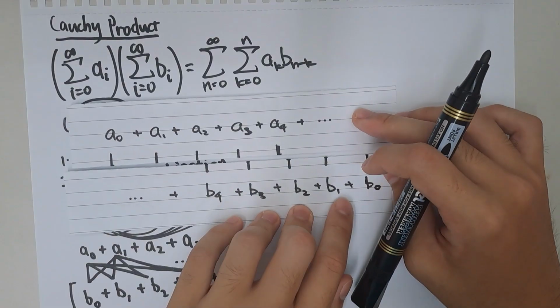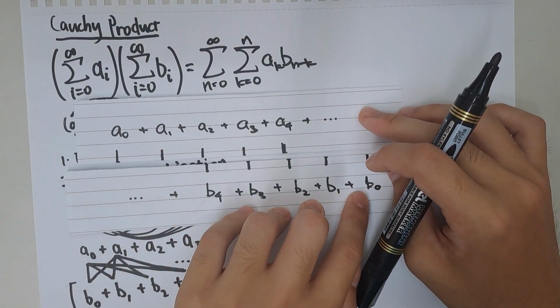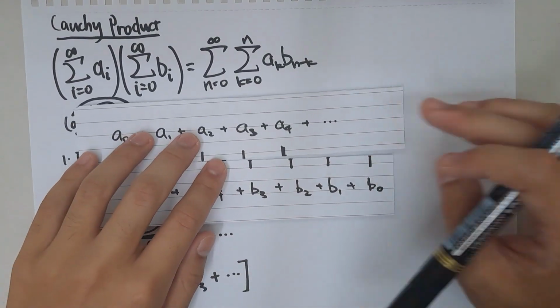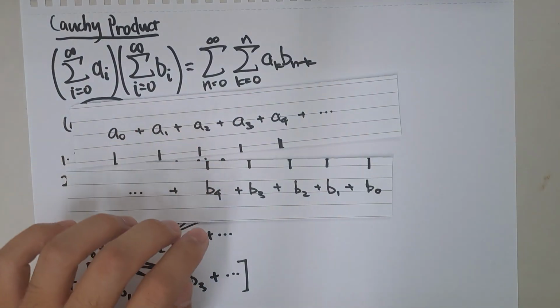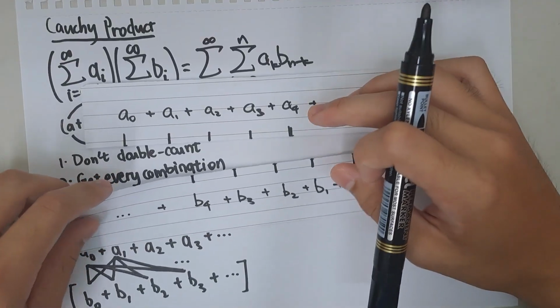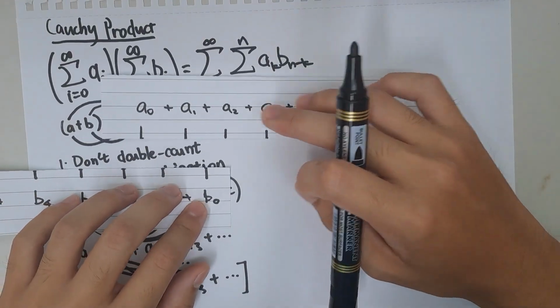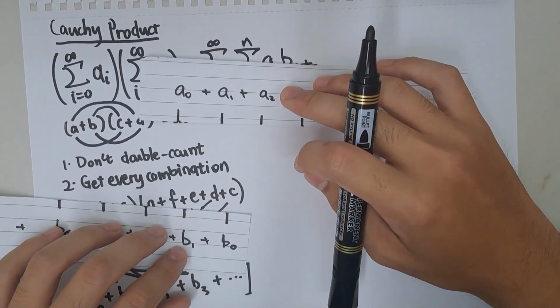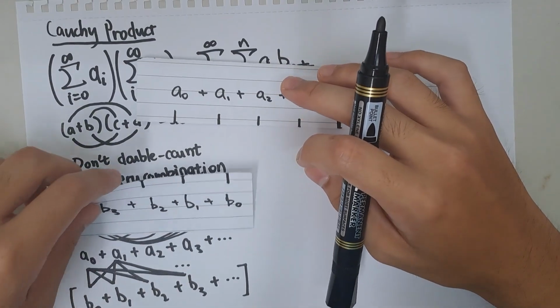And here we have instead descending indices for the B series. So what kind of an algorithm, or how should we get all the terms in the expansion?